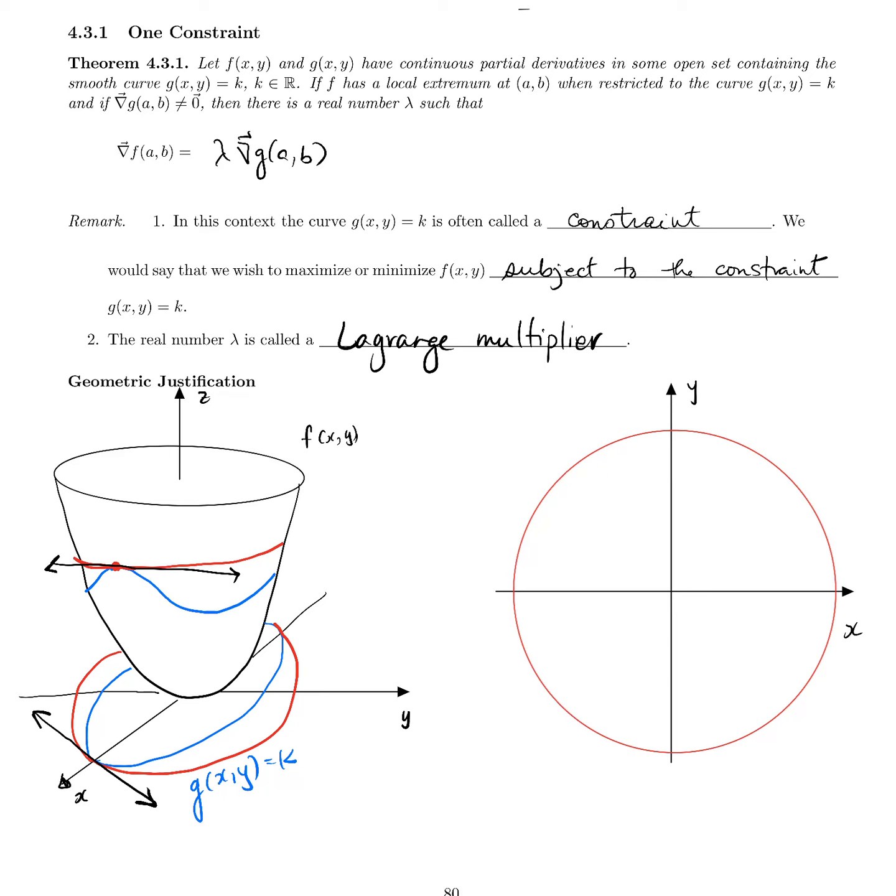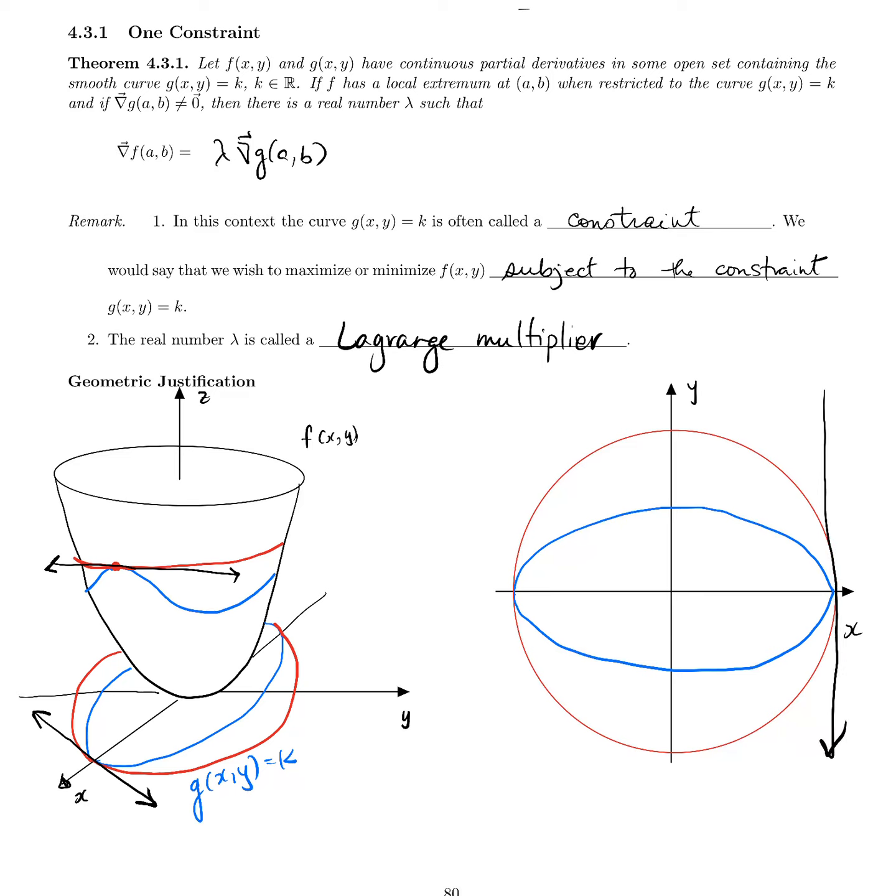That's pretty good. And then the constraint curve might look something like this. And our tangent line is kind of here.